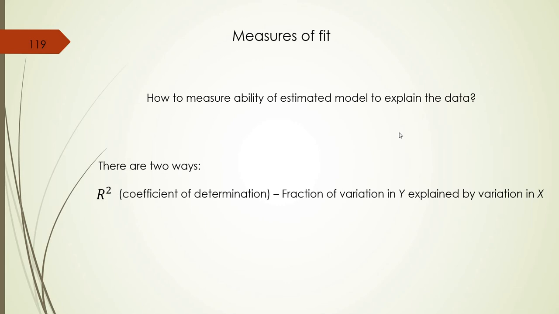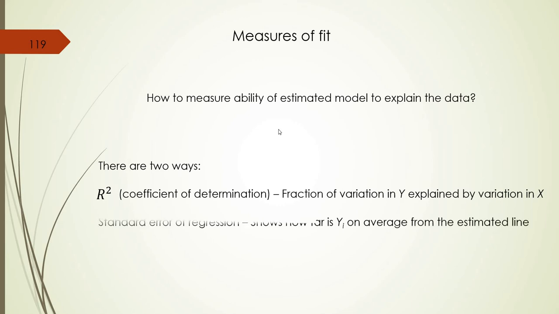So how much of the variation of y is explained by x? The second measure is the standard error of regression. It shows how far our original data y are on average from the estimated line. So on our picture, it says how far on average our red crosses are from the blue line that we have.